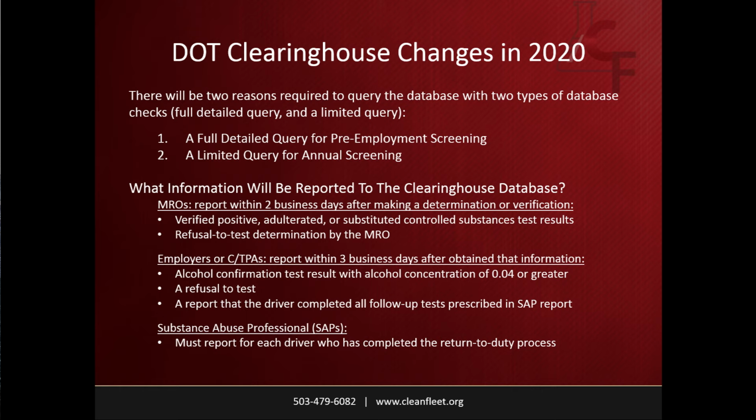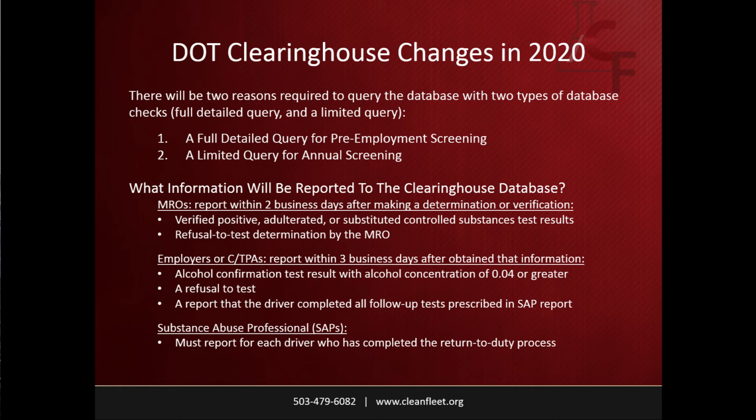So the employer is going to need to put in that SAP report. The substance abuse professional is going to put in the return to duty process that they've completed it. And the MRO is obviously going to put in the verified positive, adulterated or substituted controlled substance test results or refusals on their end as well.